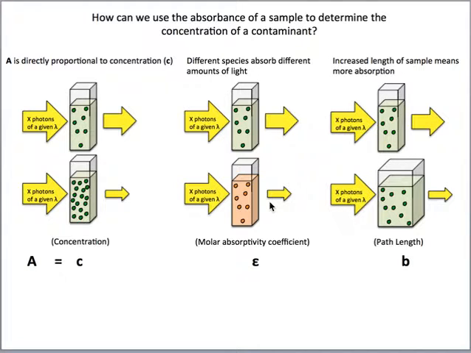And the other factor that can affect absorbance is called path length. Even if we have the same absorbing species in solution and the solutions are the same concentration, if the light has to pass through more solution before it exits, then more light will be absorbed. It will encounter more absorbing species. So the path length also affects absorption.